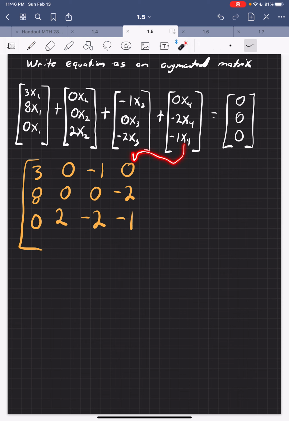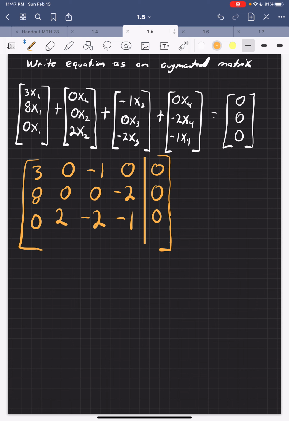All right, so now that makes up our coefficient matrix. Let's use this vertical line to make it distinct between which column has the solution and which columns are the coefficients of the variables. But now we have our augmented matrix, okay?